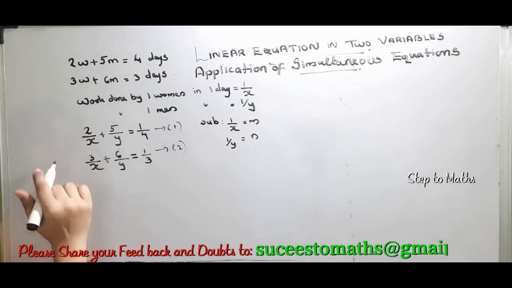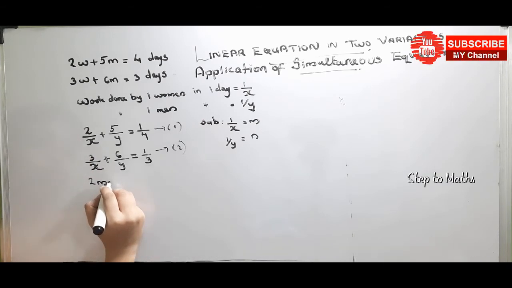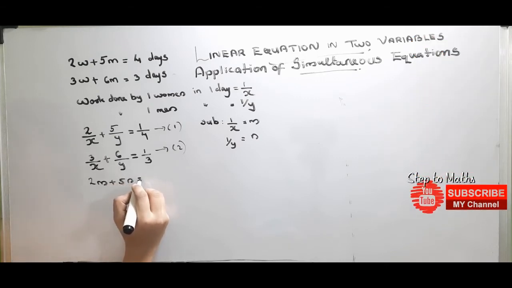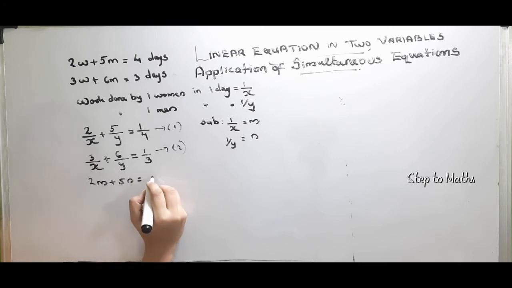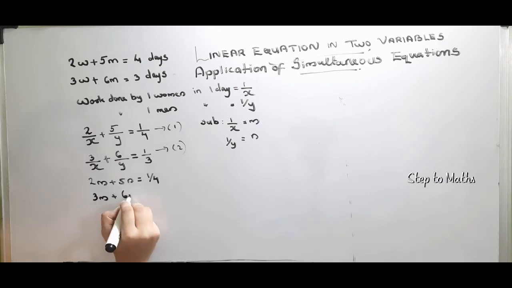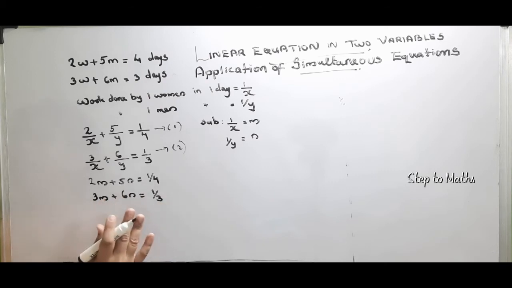Then how can we rewrite these two equations? 2m plus 5n is equal to 1 by 4, 3m plus 6n is equal to 1 by 3.